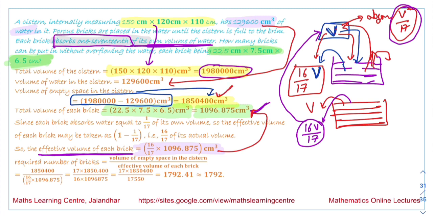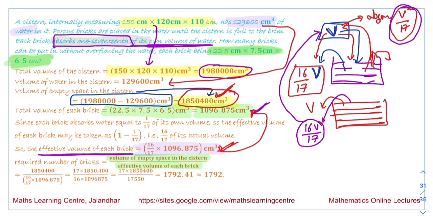Now we have two things. One is this is the empty space we have, 1850400, and this is the effective volume of the brick. So how many bricks can be there? The formula we have, it is volume of the empty space divided by the effective volume of the brick.